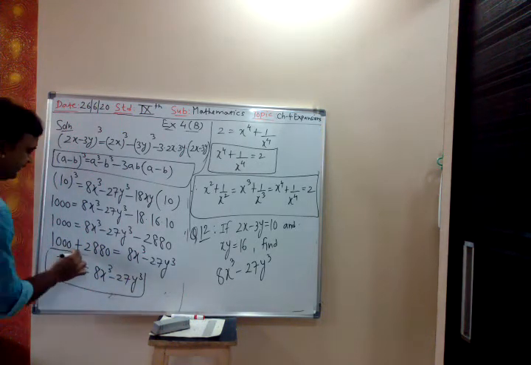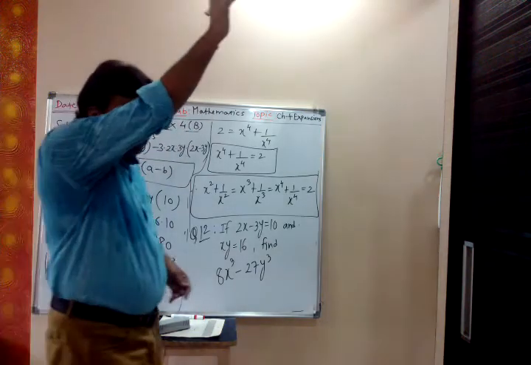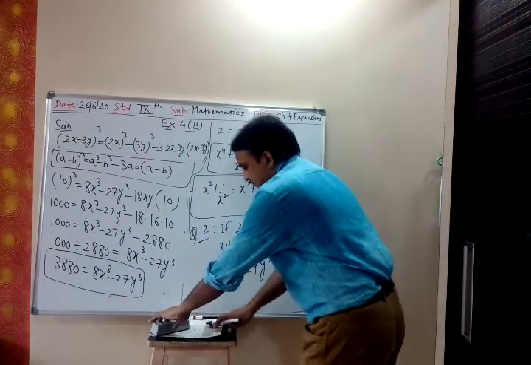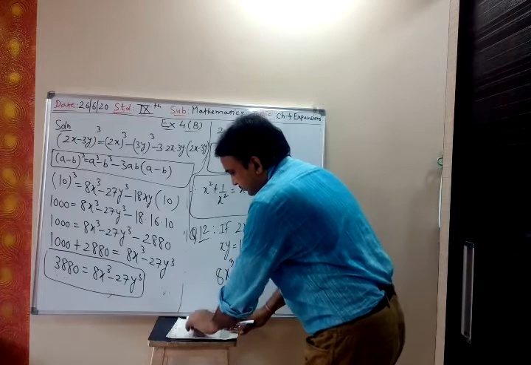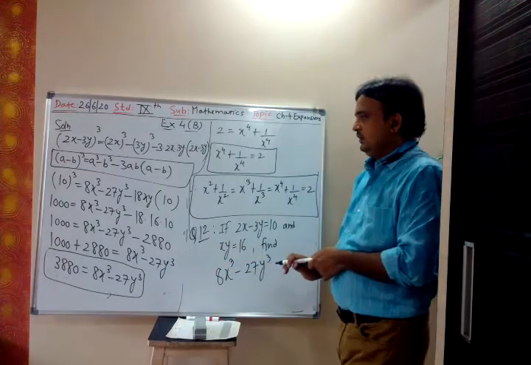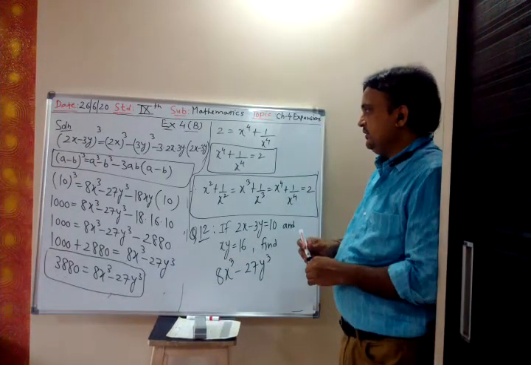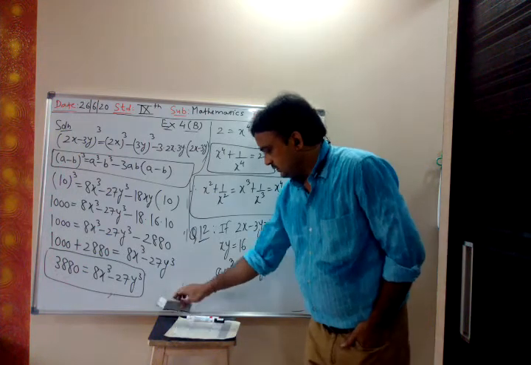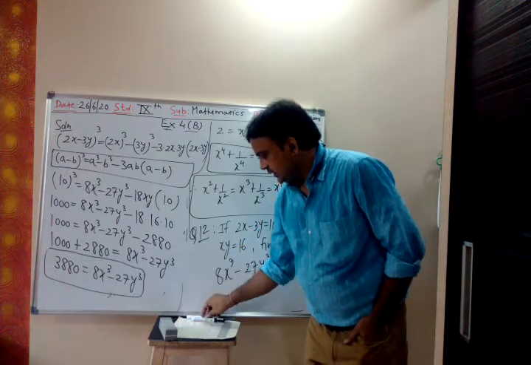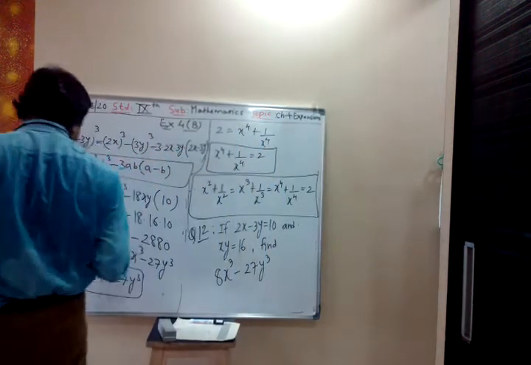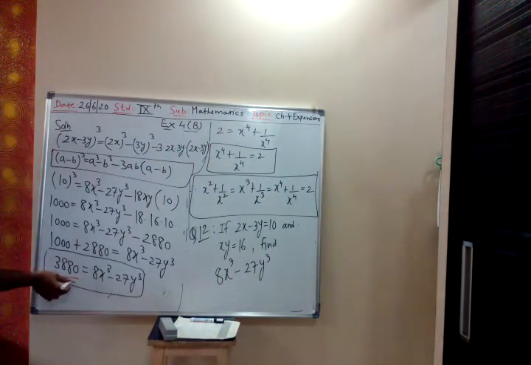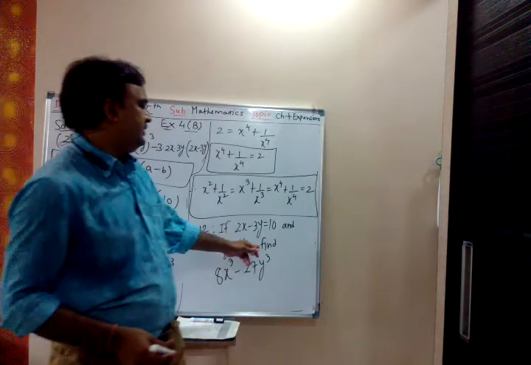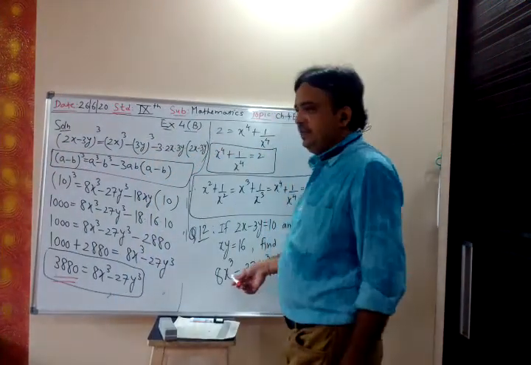So the value of 8x cube minus 27y cube is 3880. Yes, this is the answer.